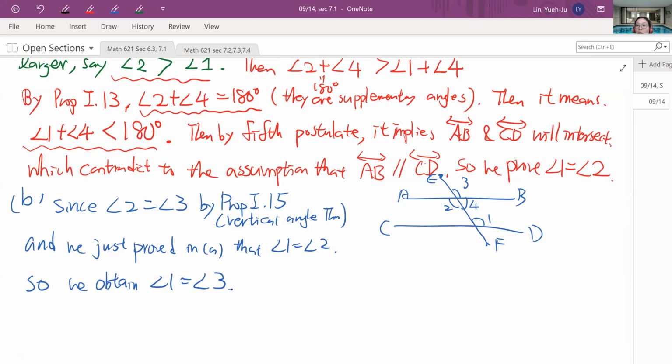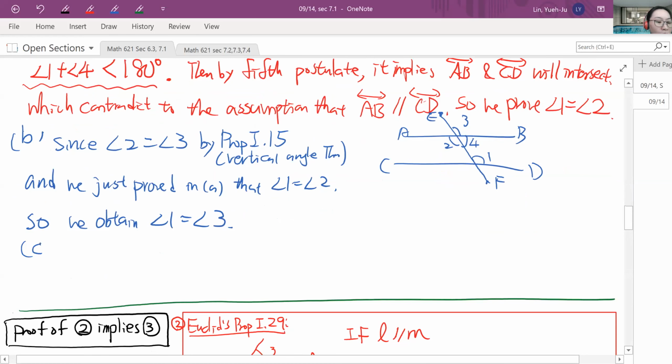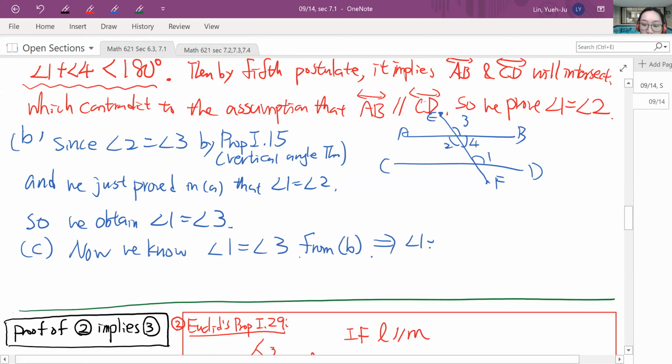So you need to be careful: when you prove A, you should not use or assume B and C. They haven't been proved yet. And same thing for C. C is also a byproduct of A, and B essentially. So now we know 1 equals 3 from B. Then we obtain that 1 plus 4 is going to be the same as 3 plus 4, because 1 equals 3.